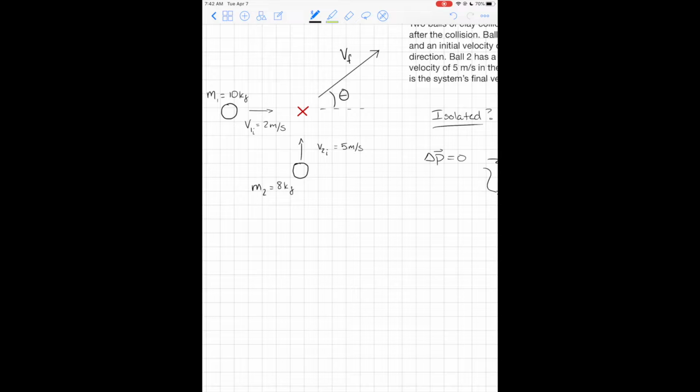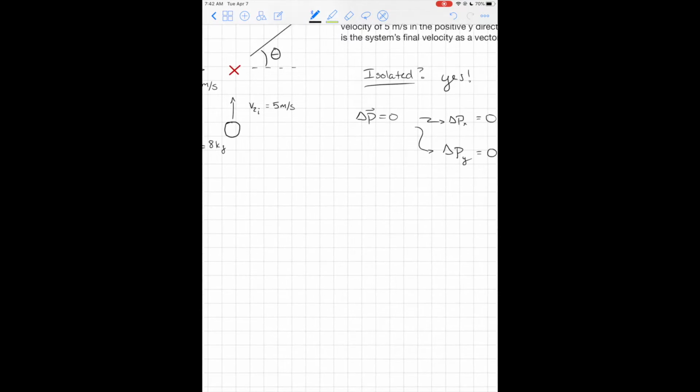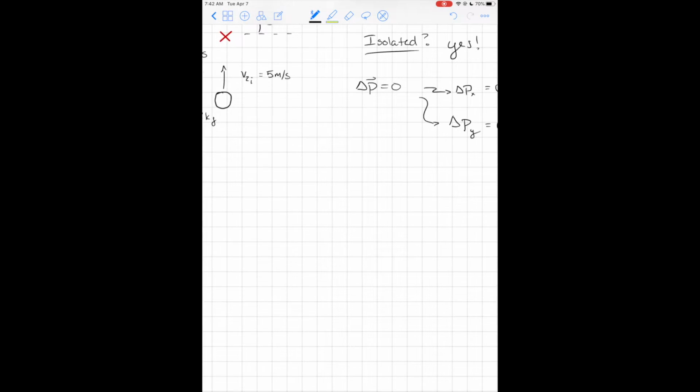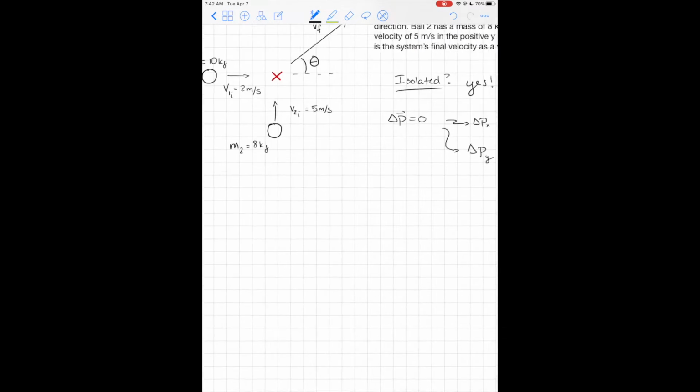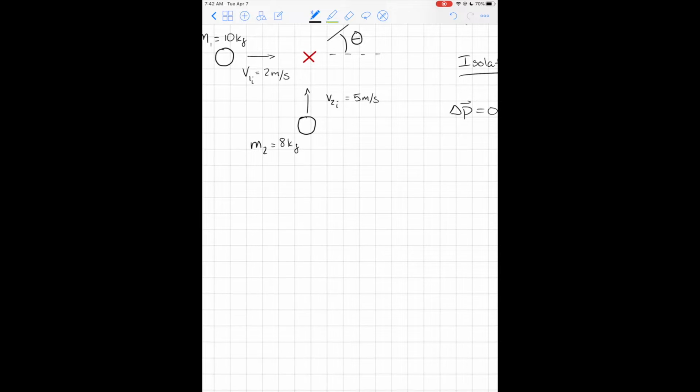So we're going to move off at some angle, right? Some angle theta off of the horizontal here that conserves momentum in both directions. So I think let's just start off by looking at what we have in the x direction.